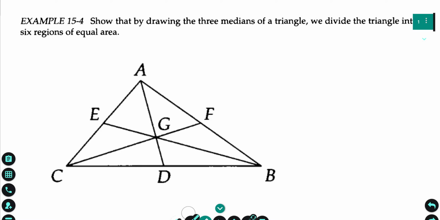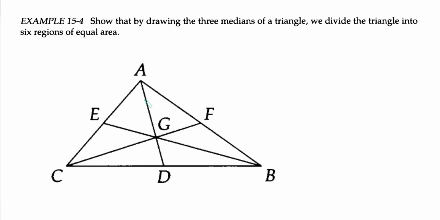So what do we know? We know that one median splits the triangle into two triangles of equal area. So what else do we know about medians? We know that the centroid G divides a median into the ratio 2 to 1.